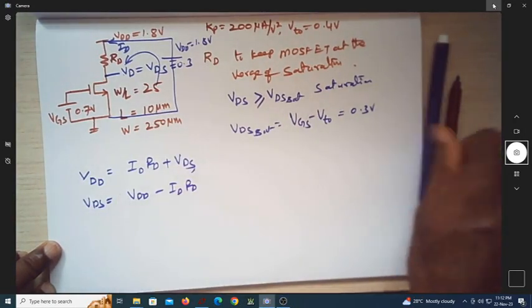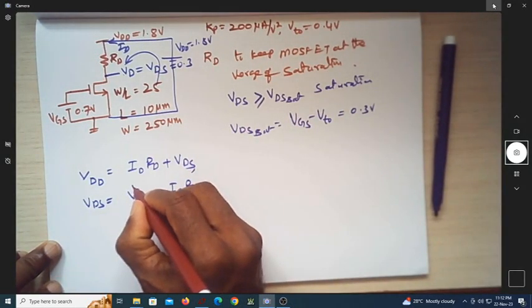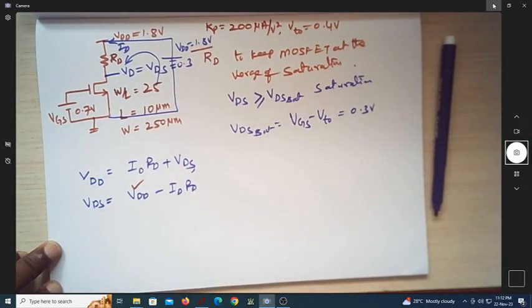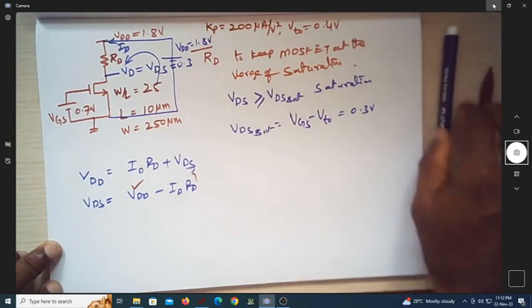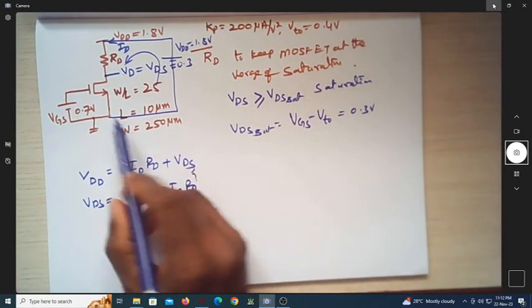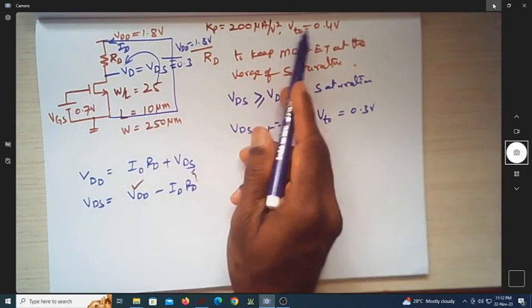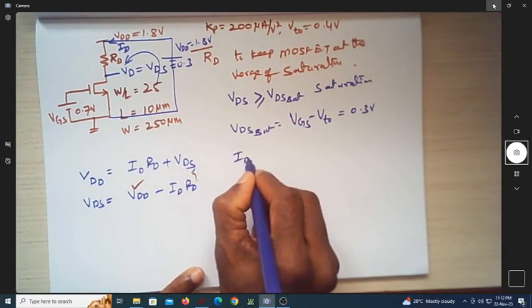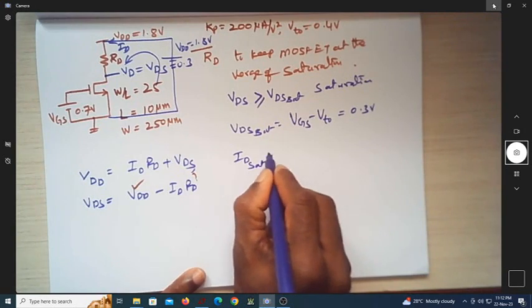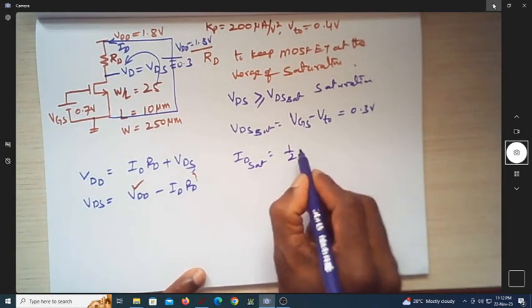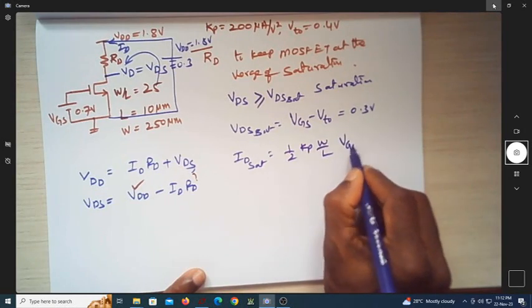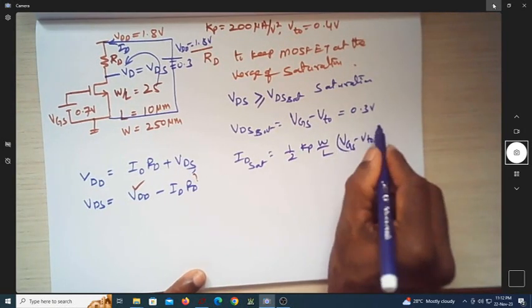Given that VDD is equal to 1.8 volt, RD I am supposed to find, and ID I also don't know. But since we are given the values of W by L, KP, VTO as well as VGS, we can estimate the value of ID for saturation, which happens to be half KP W by L VGS minus VTO whole square.